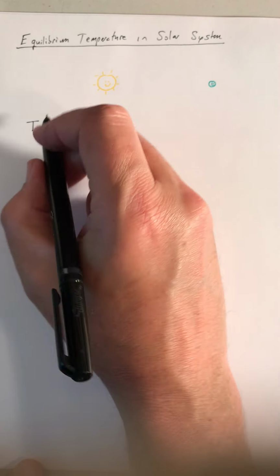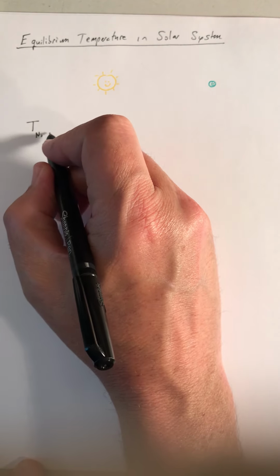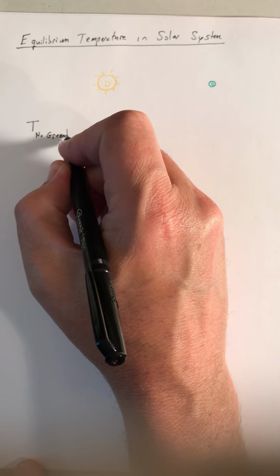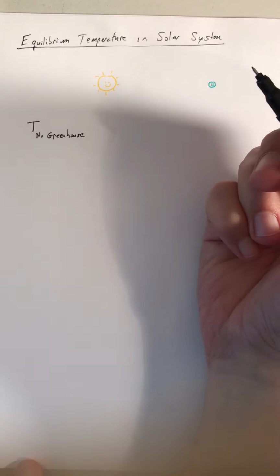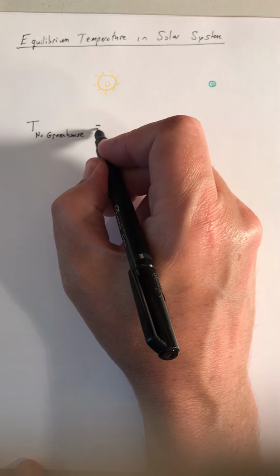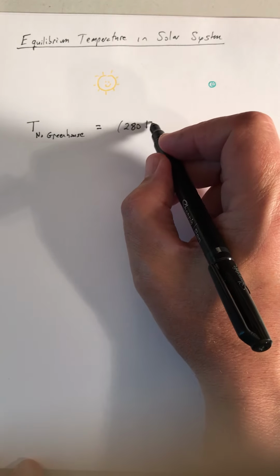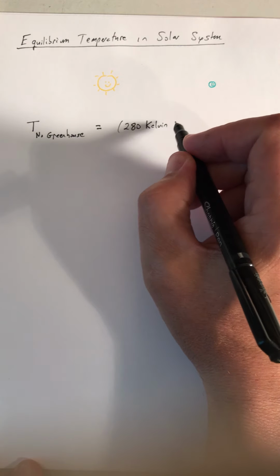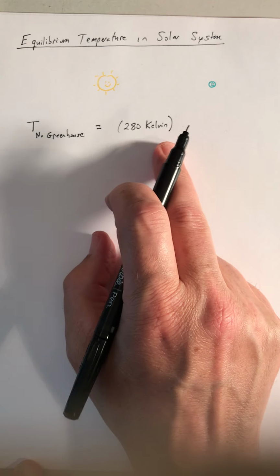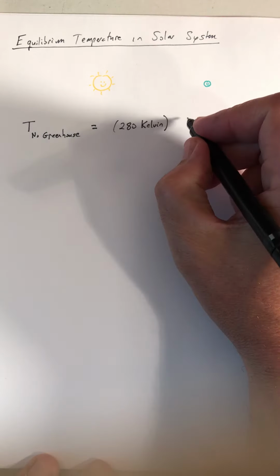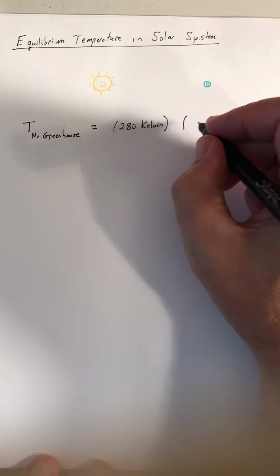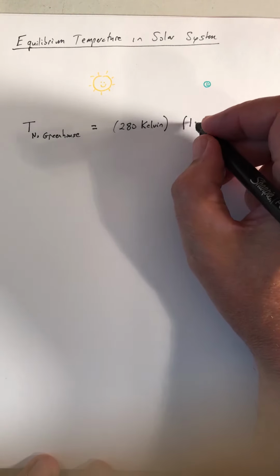What that expression looks like, your book calls it the no greenhouse temperature. We have a prefactor in units of temperature of 280 Kelvin. Then we're going to have a fourth root, because this is coming out of the Stefan-Boltzmann law, which has temperature to the fourth power.